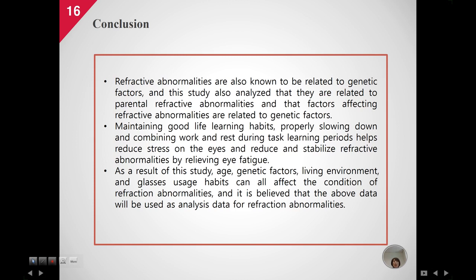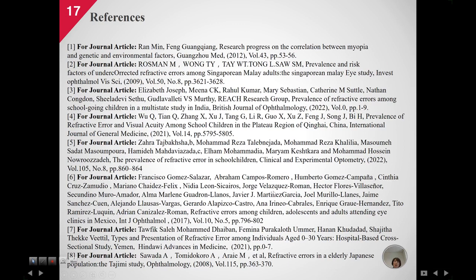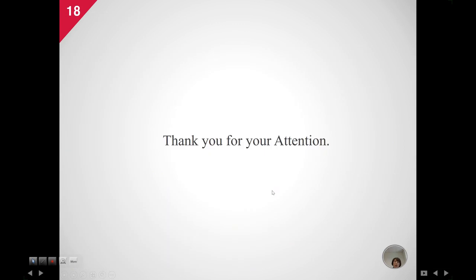As a result of this study, age, genetic factors, living environment, and glasses use can affect refractive abnormalities, and it is believed that the above data will be used to analyze refractive abnormalities. This is a short study for reference. Thank you for your attention.